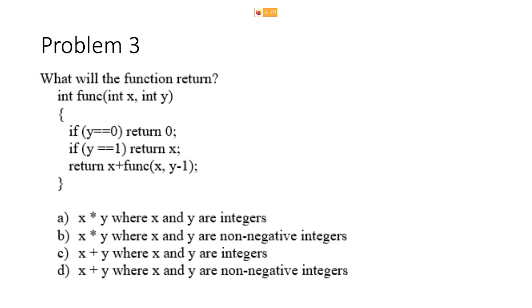Ma'am, recursive function means a function calls itself. Yes, that's correct. But why option A? So you identified that it is multiplying these two numbers x and y, and how did you come to that conclusion? That's what I'm asking.